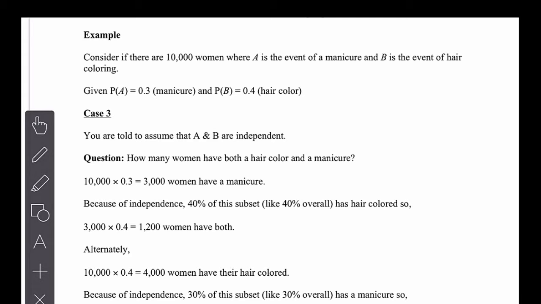That means that 3,000 of them would have had a manicure, and of those 3,000, 40%, because the probability doesn't change given that they're independent, so 40% of the 3,000 is 1,200.